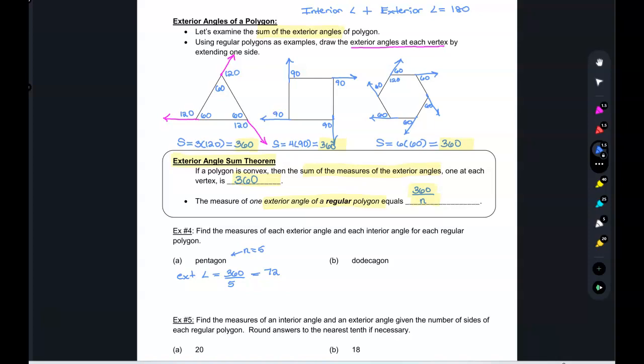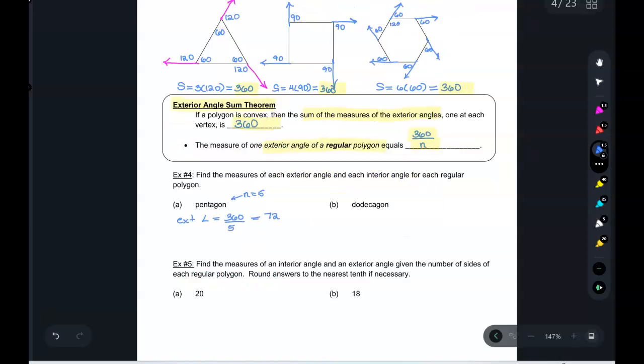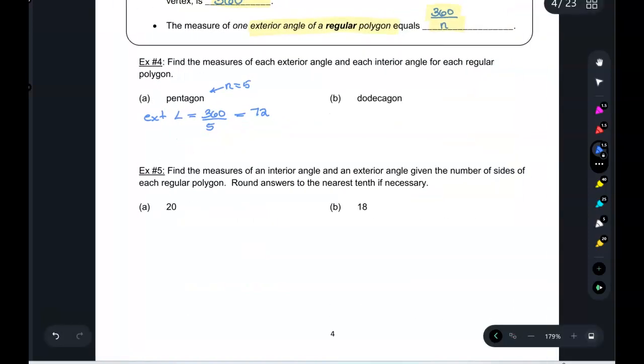Now, I can either go back to the interior angle formula, n minus 2 times 180 divided by n, or what do we know about interior and exterior angles? They always add up to 180. It can be a decimal. So remember, interior plus exterior equals 180.